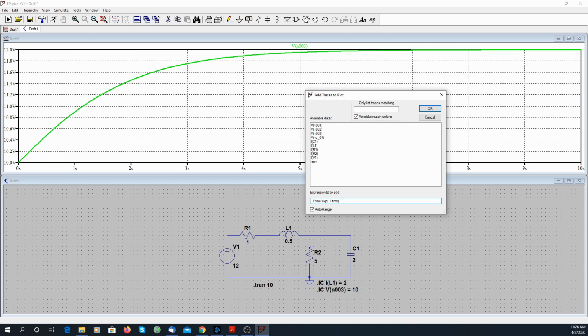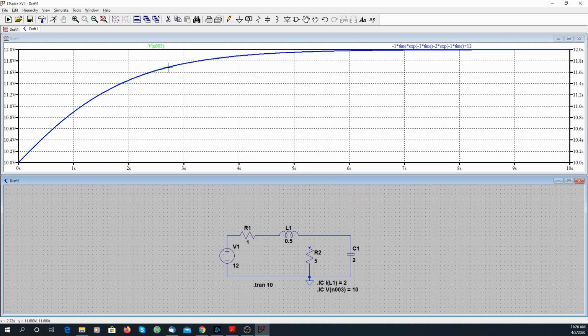Then we had A2 was -2 volts, so -2 times the exponential of -1 times time. And then finally, at t equal to infinity, we had to put in our 12-volt term.